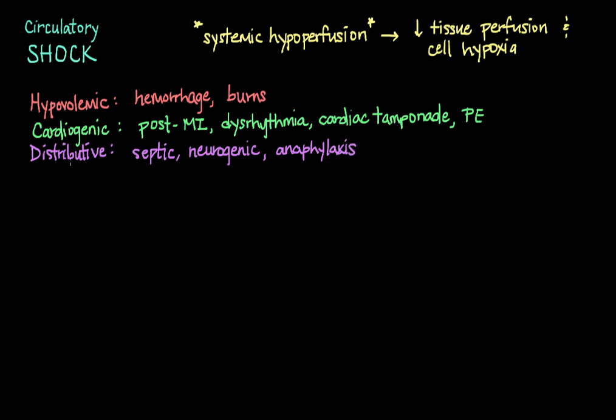So here we have our three main types of shock, and now we want to look at specific parameters or measurements that differentiate these three types of shock from one another. So to do that, let's draw out a table, and we'll start out by putting the type of shock that we're going to be talking about.